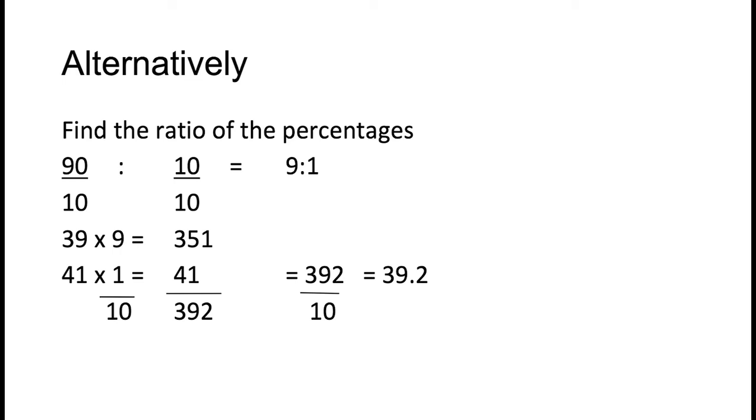It gives you 351. While the second one is 41 times 1. It gives you 41. So if you put 351 plus 41, you will get 392. And what is the sum of the ratios? The sum of the ratio is 9 plus 1, which gives you 10. So if you divide the sum of the atomic masses multiplied by their ratios by 10, you will get 39.2, which is the same as the first alternative that we took.